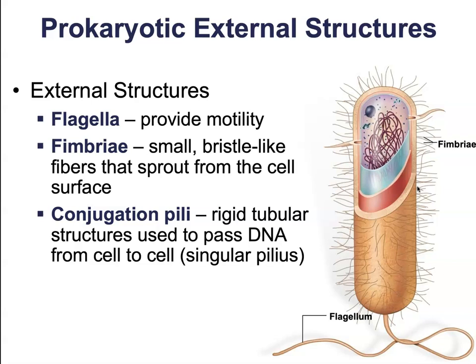It can then actually pass it on and share that information with all of its neighbors. So not only will it pass it on to its offspring, but it can share that extra chromosomal DNA with all of its neighbors, and suddenly we have an entire colony that's going to be resistant to antibiotics. So it's a very interesting process. Now we can use this to our advantage, and we'll talk about that in our biotechnology section of this chapter.